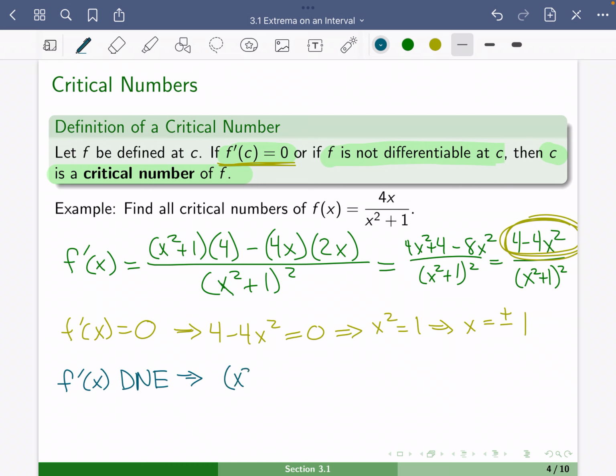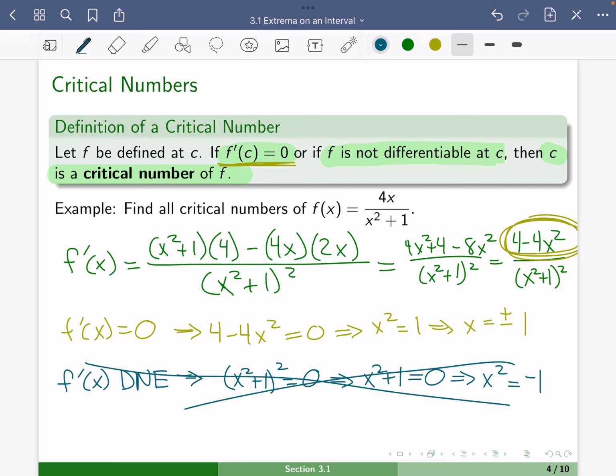So if x squared plus 1, squared, is 0, so if x squared plus 1 is 0, which would be x squared equal to negative 1, that's not going to happen. There are no real valued solutions. x would be plus or minus i, but we're only interested in the real valued solutions.